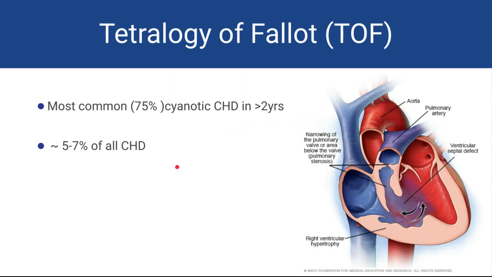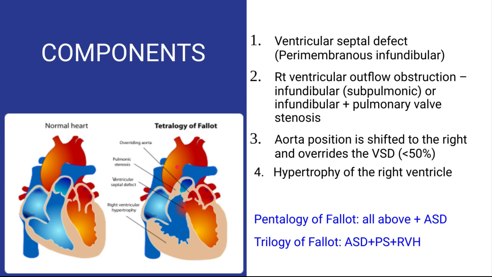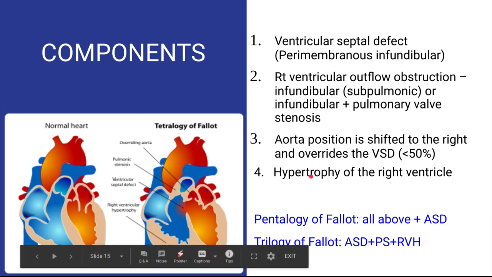So, tetralogy of Fallot is the most common cyanotic congenital heart disease after 2 years of age, almost 75% of all cyanotic heart disease, and 5 to 7% of all CHD. Components of TOF include ventricular septal defect, which is a perimembranous infundibular type of VSD, then right ventricular outflow obstruction in the form of subpulmonic or infundibular pulmonary stenosis, then overriding of the aorta, and hypertrophy of the right ventricle.